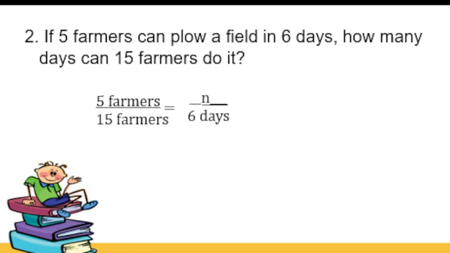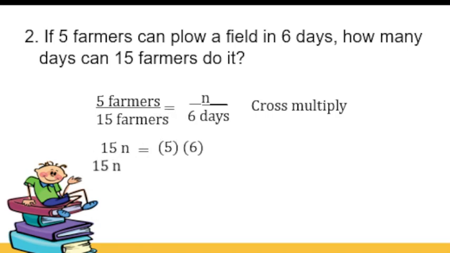So you can cross multiply. So you have 15n is equal to 5 times 6 and that will become 30. So 15n is equal to 30, divide 30 by 15.